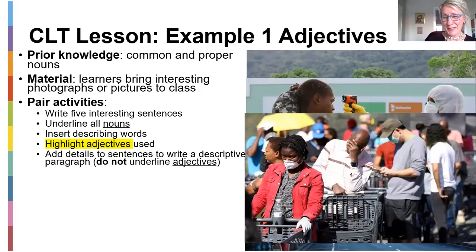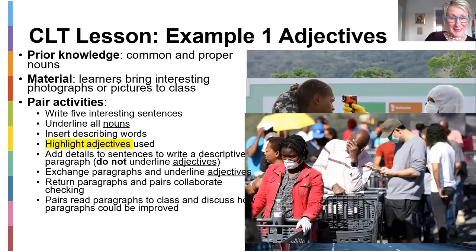You've highlighted them, but you're not underlining. Hope that makes sense. Then you can exchange a paragraph with another group, and they've got to go and underline all your adjectives. So they've got to go and recognize where the adjectives are. Then you're going to get your own one back, and you're going to check what they've done on your paragraph. You can also read it to the class and discuss how you can make it better.